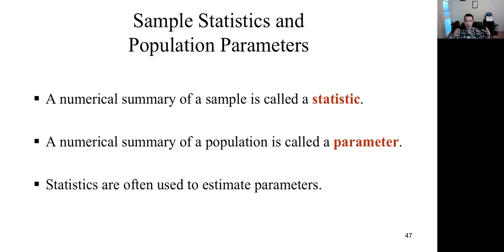So the average value of the whole 1,000 rods is a parameter. Statistics are often used to estimate parameters. So we try to estimate the average value of the 1,000 rods based on the average diameter of the 50 rods.